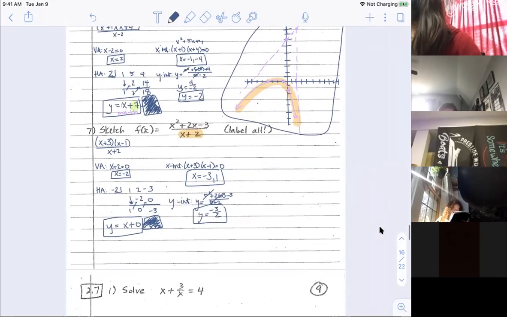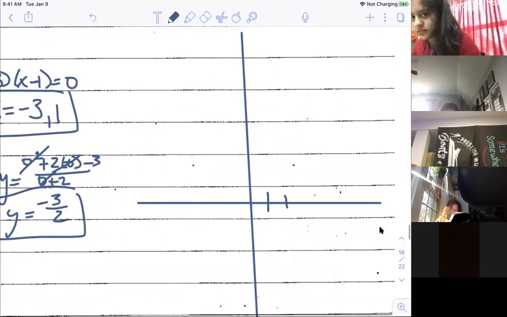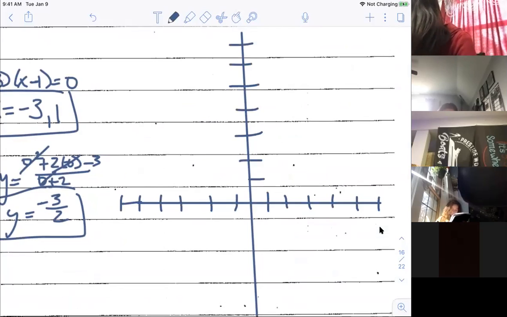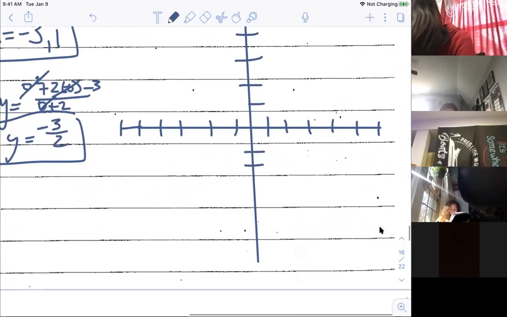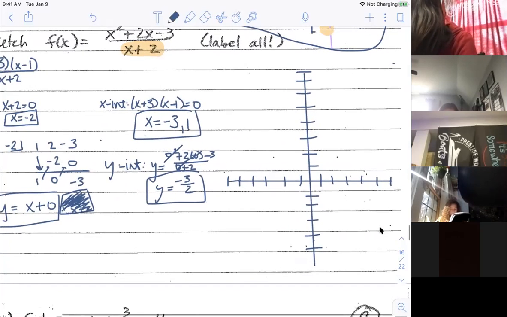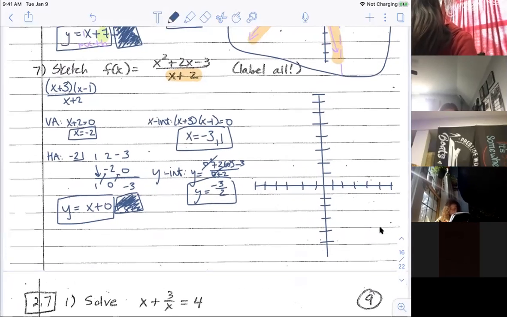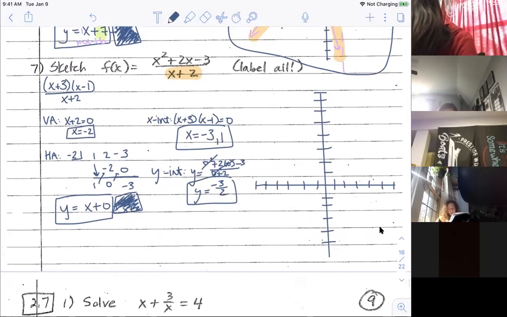I don't need my scale to be as small. Draw my axes, 1, 2, 3, 4, 5, 6. Graph your asymptotes and your intercepts.